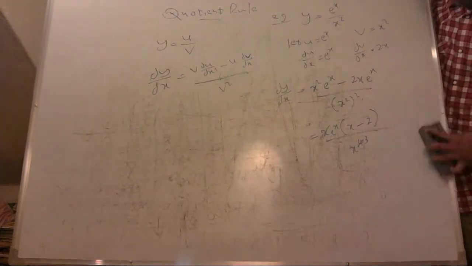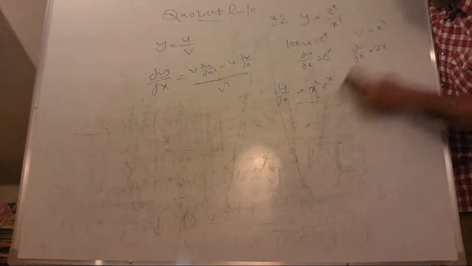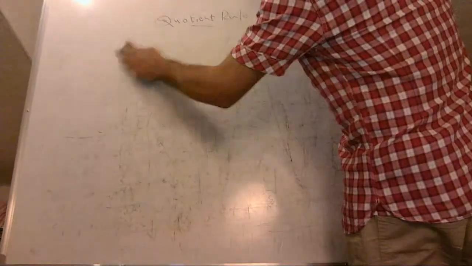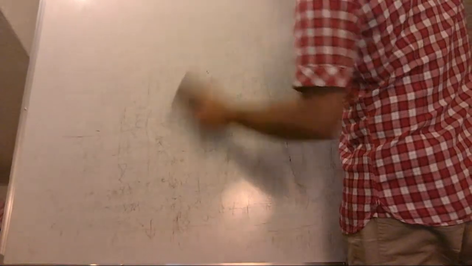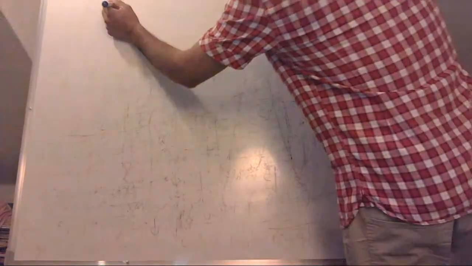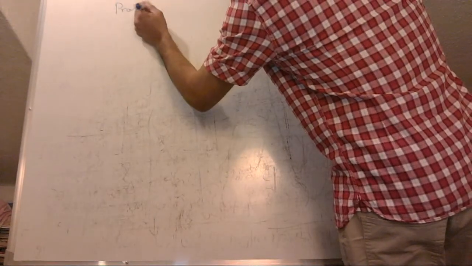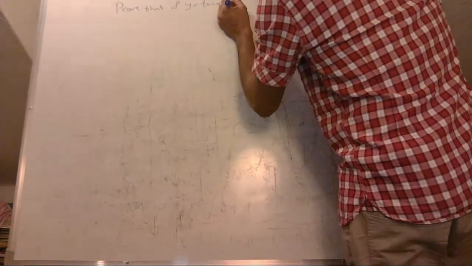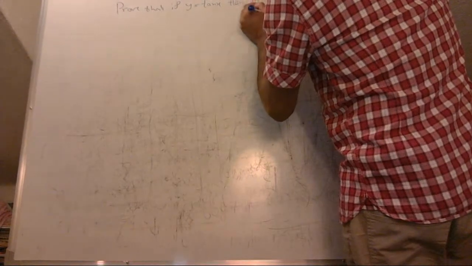So let's do one more question. In fact, let's prove that the derivative of tan x is sec squared x using the quotient rule. So let's prove that: if y equals tan x, then dy dx equals sec squared x.